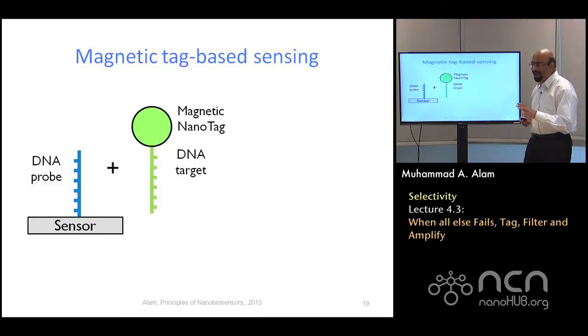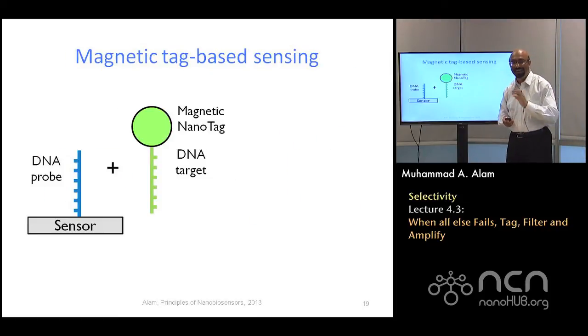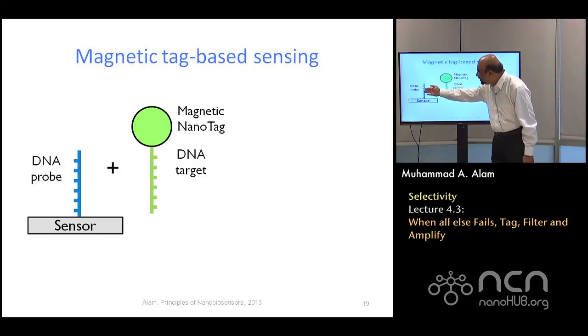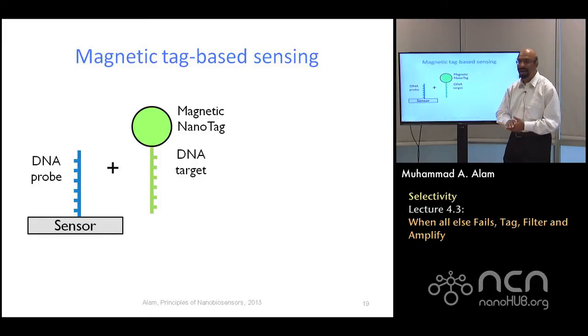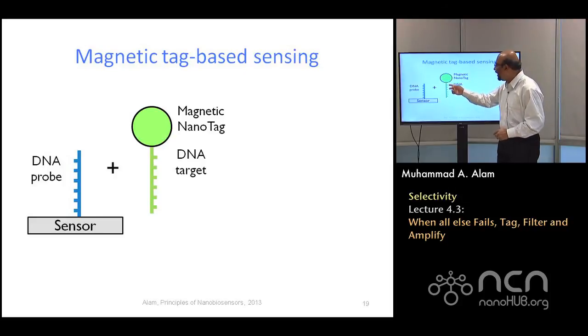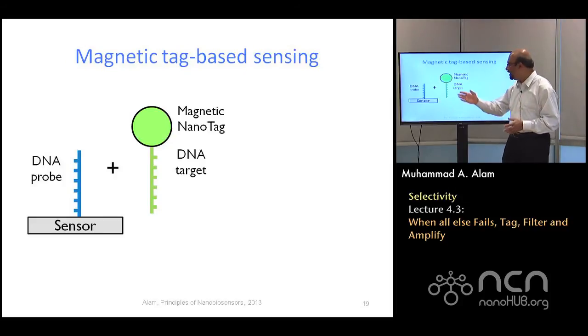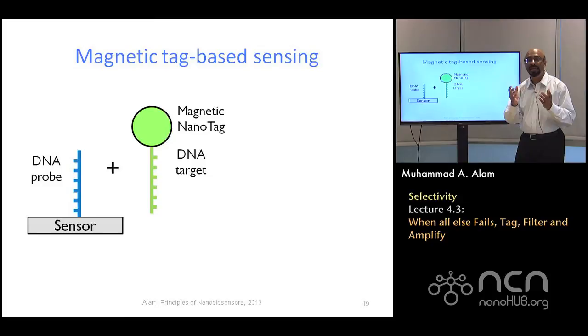But there is another very nice way that also solves this problem. So assume that you have a probe DNA, you have this green target DNA, but on the head of that target DNA, you have attached a big magnetic nanoparticle.